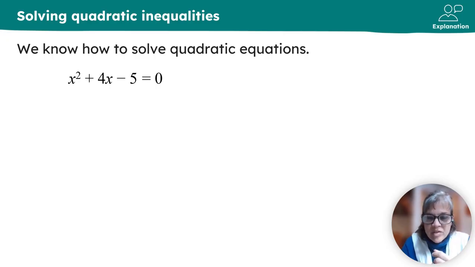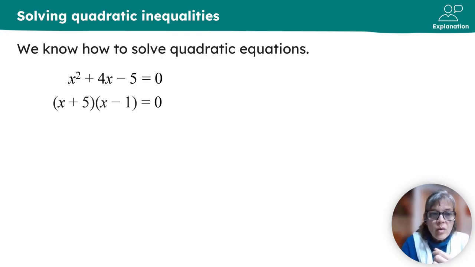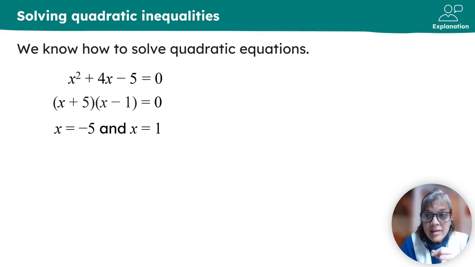So when we were solving quadratic equations, we did this in various ways. We could break it down and factorize them and see the roots that way, right? And these, we would get the two values of x could be -5 or x could be 1 in this situation that's on the screen.